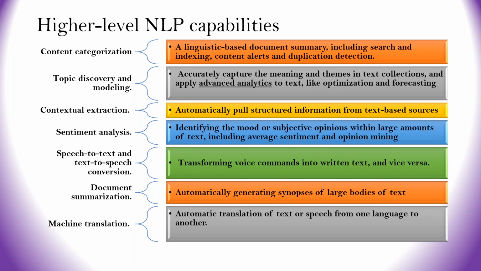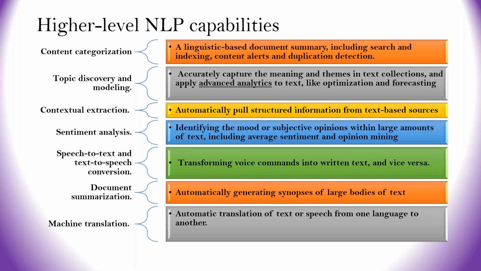Next thing is contextual extraction, wherein we automatically pull text-based sources. So here it is going to identify the word level semantics in which the context is built. Maybe the words I have spoken and the words others have spoken are totally different. So the way in which it is spoken is what contextual extraction deals with.